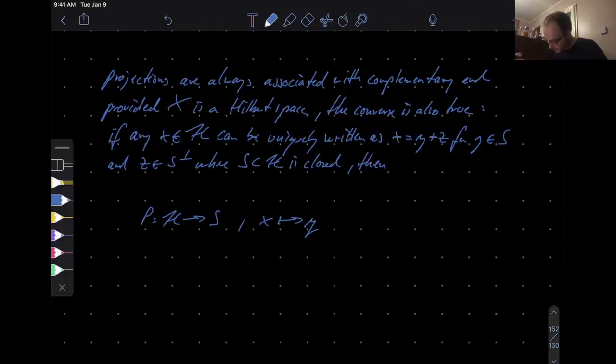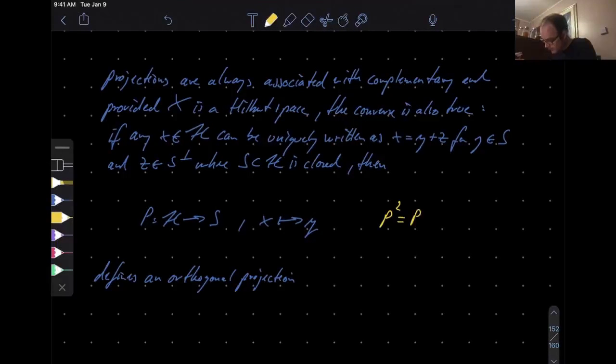Now I claim this defines not just a projection, but actually an orthogonal projection. So we have to check a few properties. P squared equals P would be the first one, and that this thing is linear and bounded. Linearity is clear.